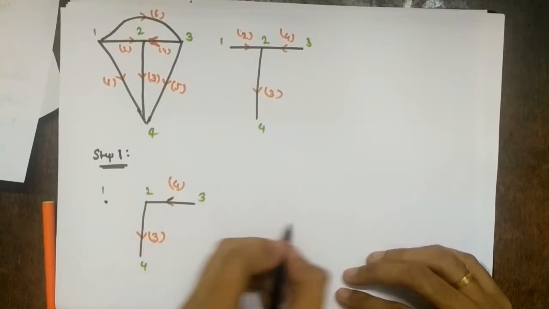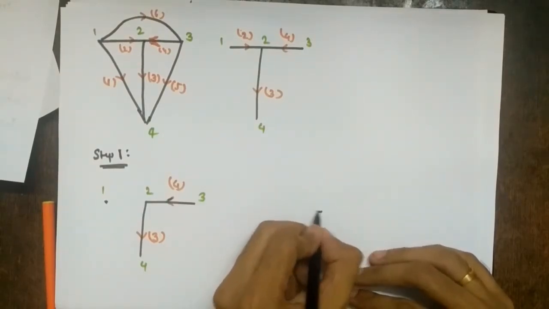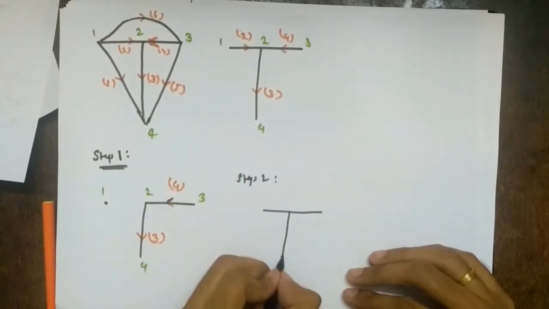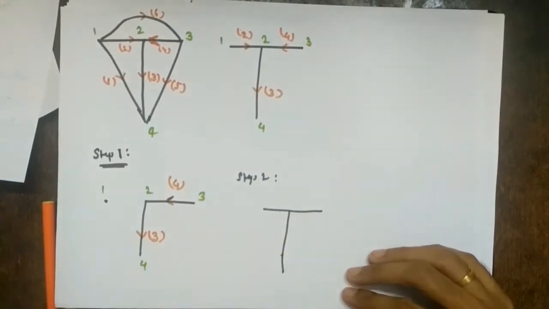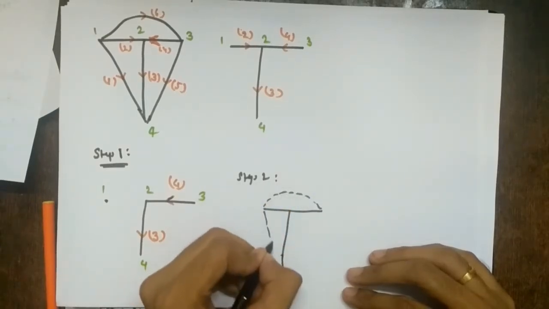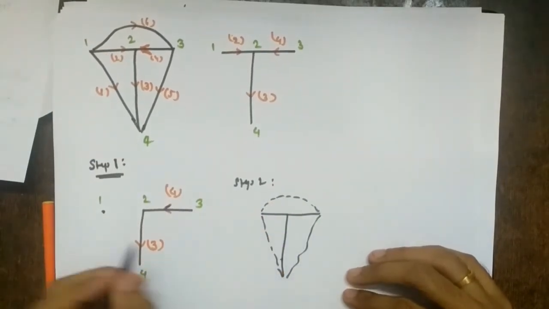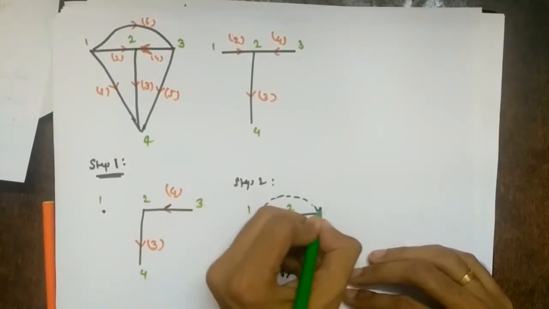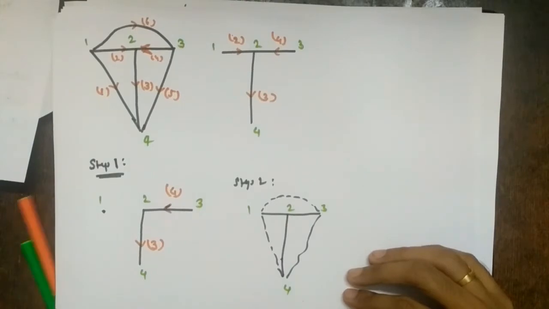So what will happen? So draw the tree in step 2. There is no need to draw this. This is just for understanding I am telling. So draw the tree and complete the graph. So it will look like this, right? So what happened in the step 1? So let me first draw the nodes 1, 2, 3, 4.